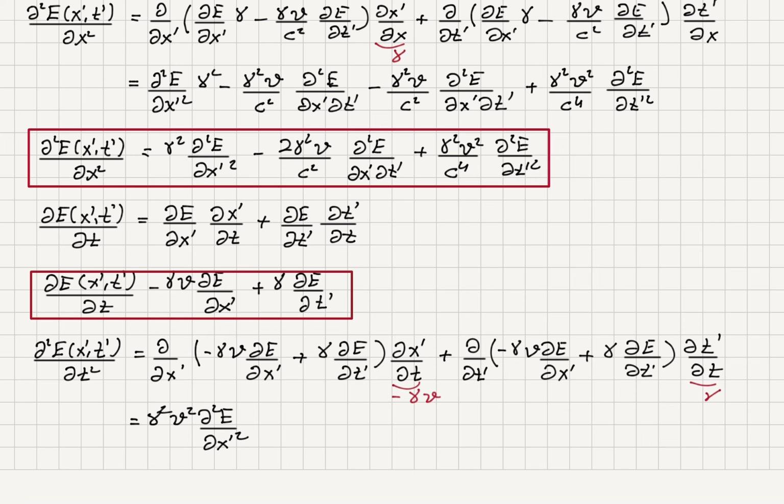Second term, γ times minus γv, minus γ²v ∂²E/∂x'∂t'. And then I go here, this is minus γv times γ, minus γ²v ∂²E/∂t'∂x', but I'm going to rewrite it as ∂x'∂t' because the order doesn't matter. And the last term is γ² ∂²E/∂t'².